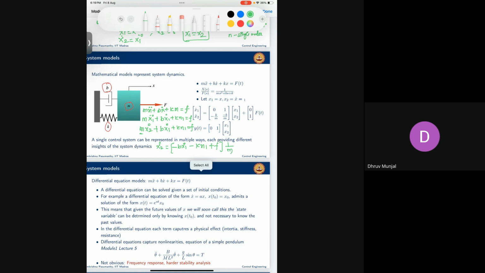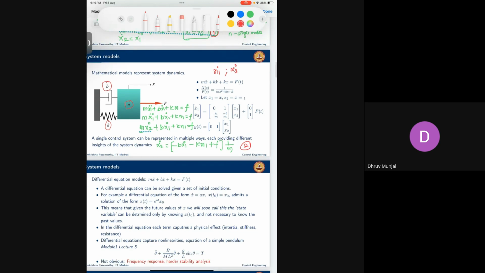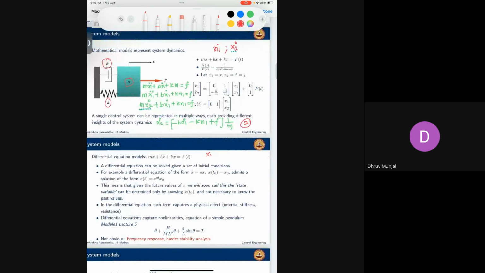So this is going to be my second equation. So I got both x1 dot and x2 dot to represent my system in terms of a state space equation. Now I'm collectively writing it here. x2 dot is equal to minus b by m.